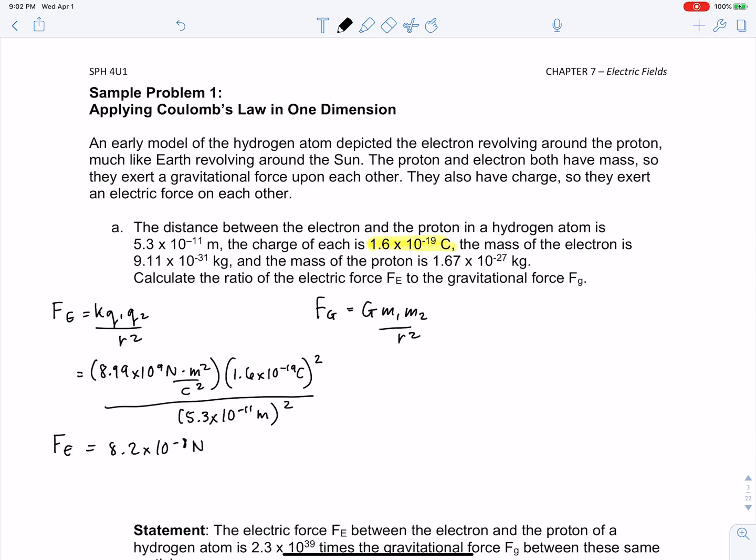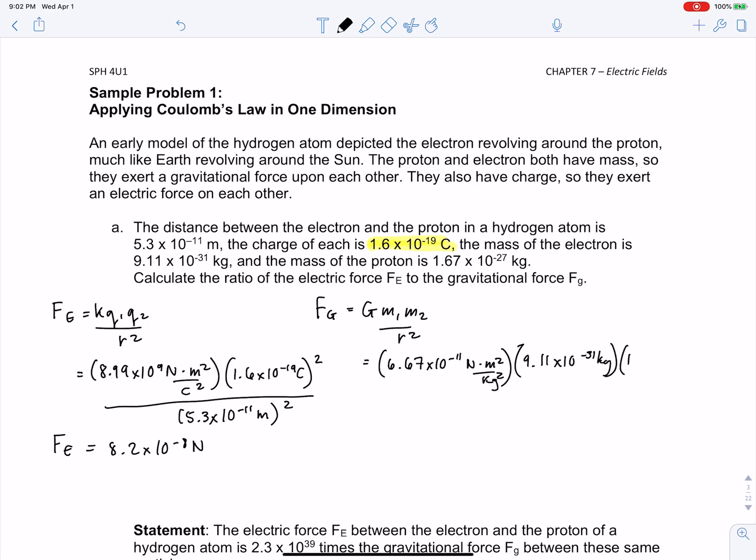All right, let's find the gravitational force. The gravitational constant is 6.67 times 10 to the power of negative 11 newtons times meters squared per kilogram squared. The mass of the electron is 9.11 times 10 to the power of negative 31 kilograms.